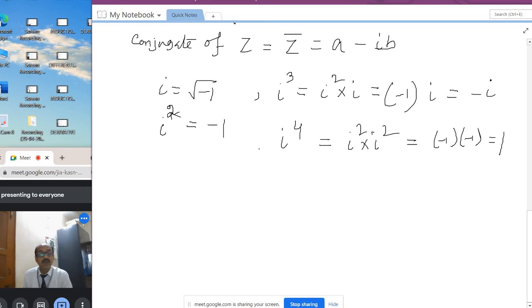Now start exercise 5.1. See what the questions are. The first question: express each of the complex numbers given in exercises 1 to 10 in the form a plus ib.